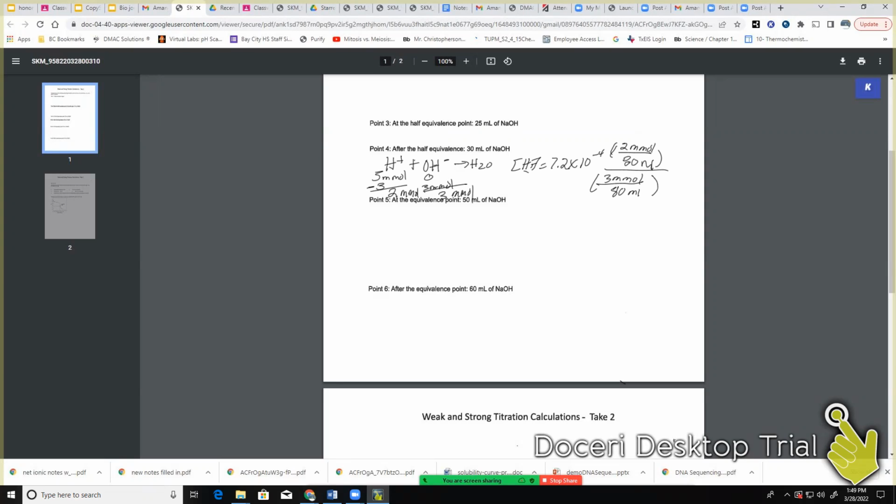So when I solve, I end up getting that my H+ is going to be equal to 4.8 times 10 to the -4. So negative log of that is going to give me my pH, which is going to be equal to 3.32.